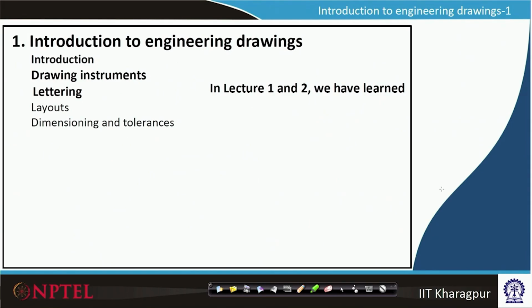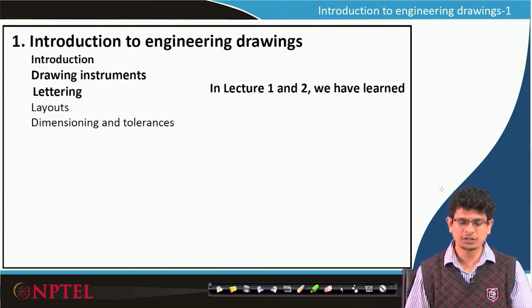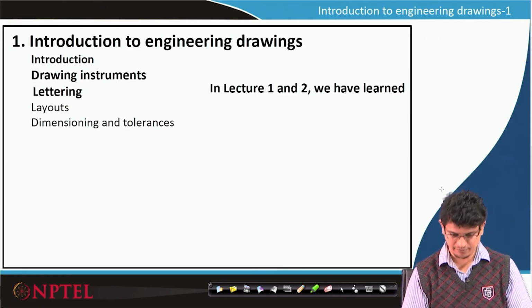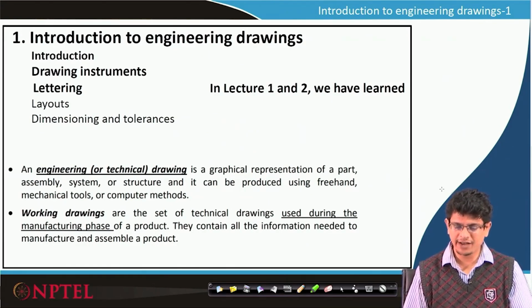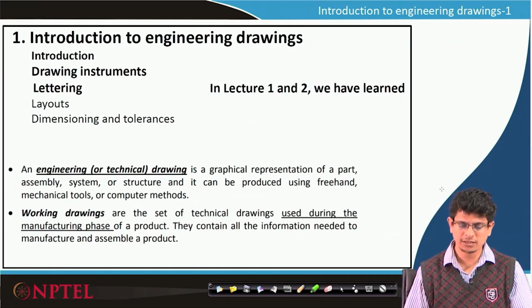In the last two lectures, we covered the introduction, basic drawing instruments and lettering to be followed for any drawing. There we learned that an engineering or technical drawing is a graphical representation of a part, assembly, system or structure, and it can be produced using freehand or mechanical tools or using computers.